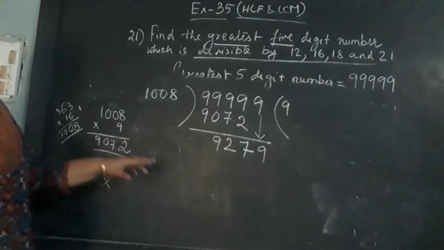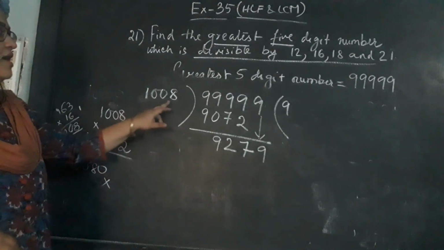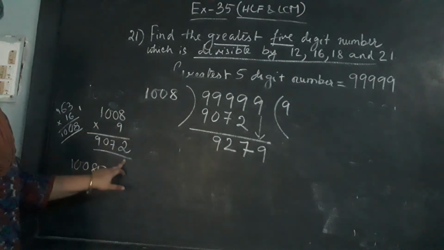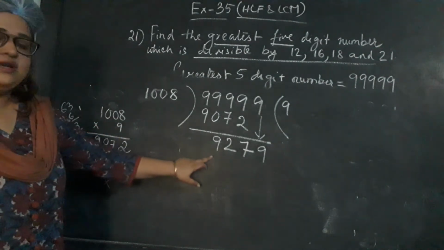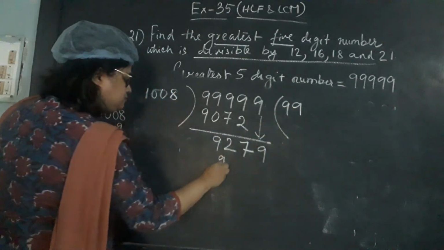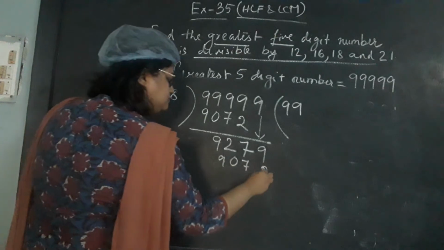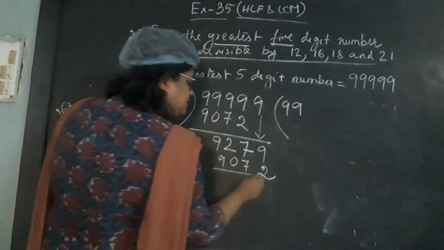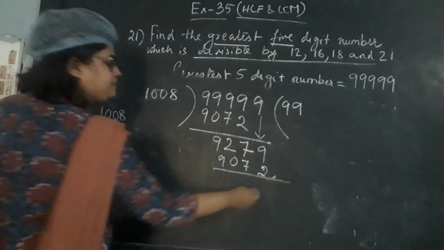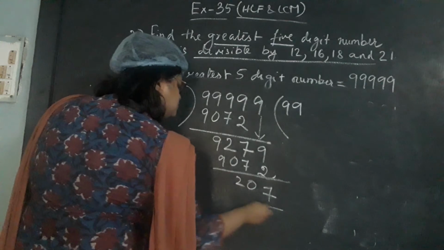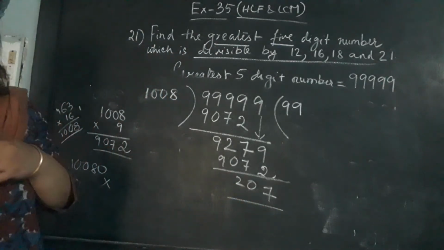Now you have already seen just now that 1008 into 9 gives you 9072, which is again below this. So we will again divide it with 9, and what is the remainder? 207.